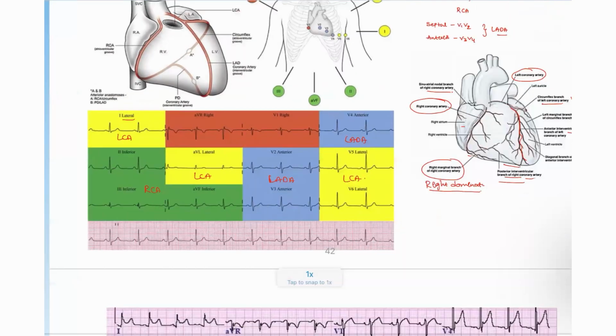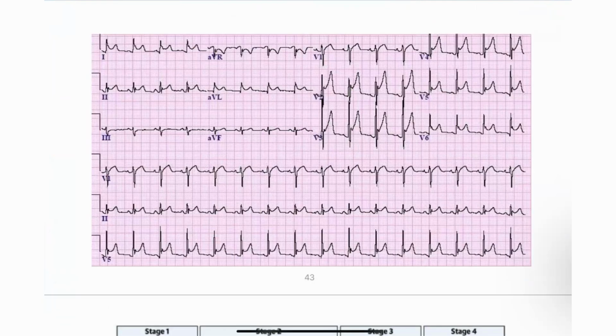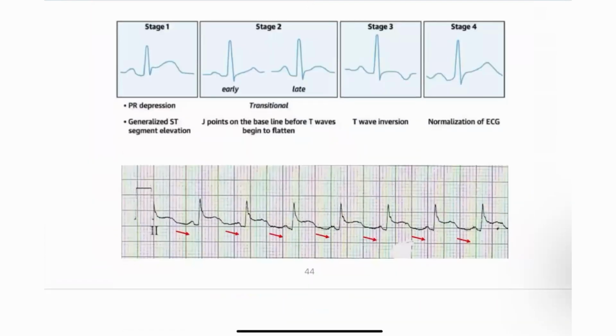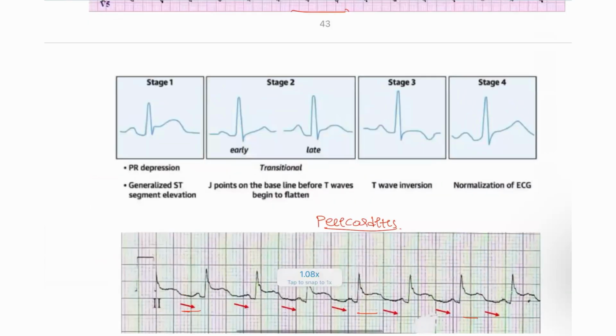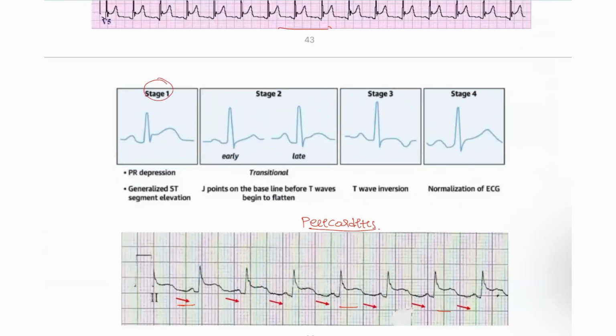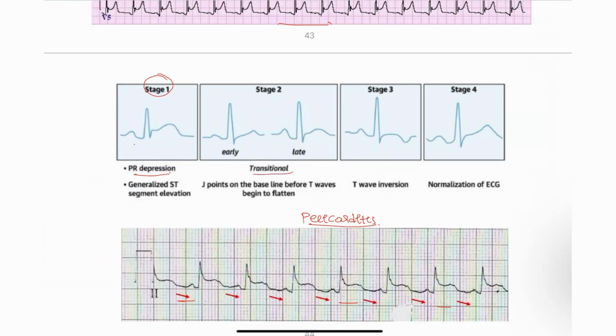Next, here you can see another picture. The broad, complete, diffuse pattern, you are going to see all the leads involved with ST elevation. This diffuse ST elevation is seen in the condition of pericarditis. Okay, so how you have to understand: in stage 1 it is going to be PR depression, in stage 2 there will be transitional change, and in stage 3 it is going to be T wave inversion and normalization of the ECG.